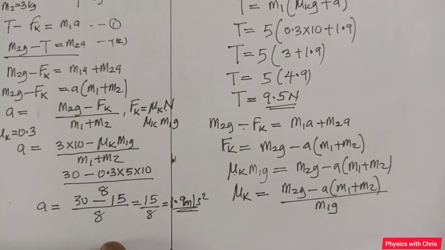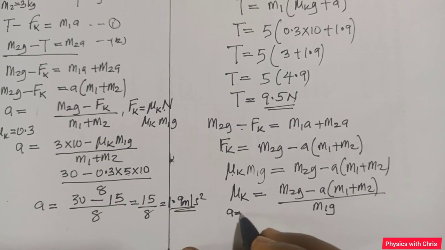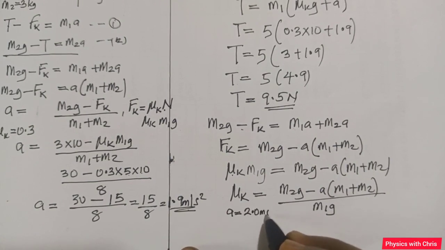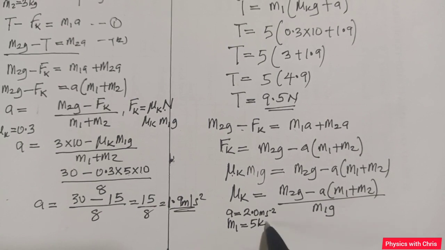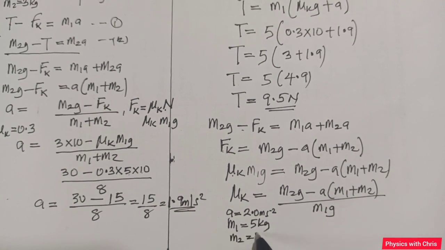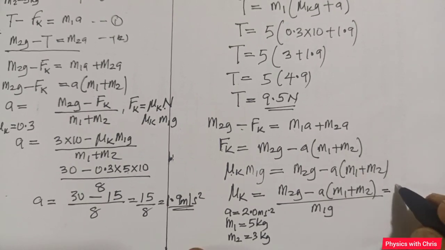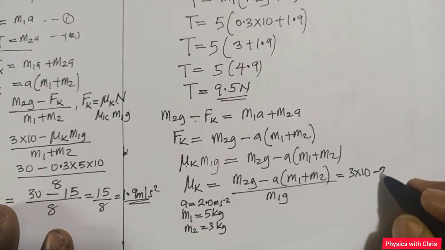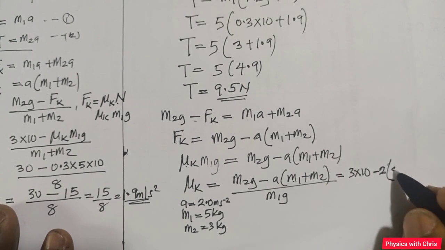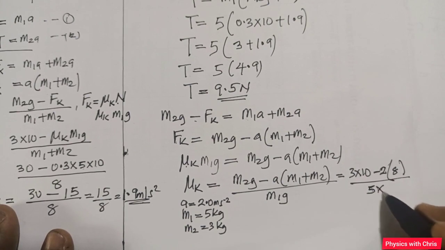Now, let's take our acceleration A as 2.0 meters per second squared. In this case, if we must calculate the coefficient of kinetic friction, we must be given the acceleration. Then we use our mass M1, still 5 kg, and M2, which was given as 3 kg. I'll take my G as 10. Substituting into this equation, I have 3 times 10, minus my 2, that's the acceleration, into M1 plus M2, that is 8, divided by 5 times 10, which is 50.